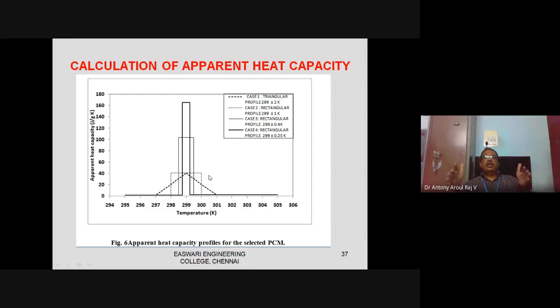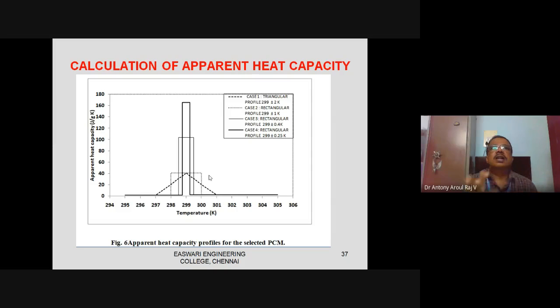How are you going to do this in your solver? Very simple. You go to the solver, where specific heat is there. There is a provision for giving the specific heat as a function of temperature. For our problem, below 30 degrees you give the solid specific heat. Greater than 32 degrees, you give the liquid specific heat.